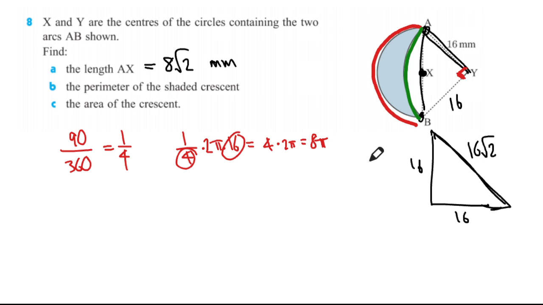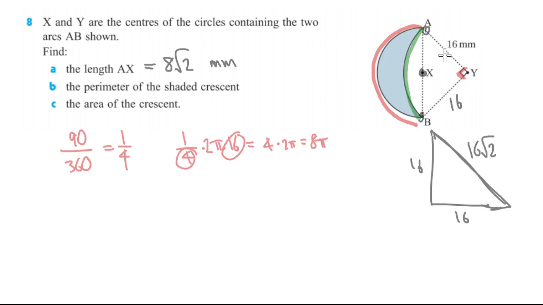For the green one, I think we can assume that x is the center of this circle, and so if this line segment includes the center, that makes it a diameter, and so this angle here is 180 degrees.